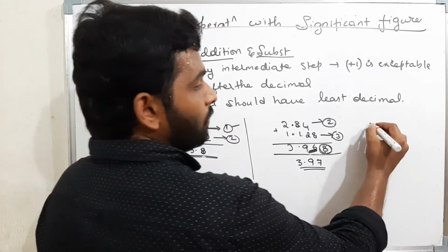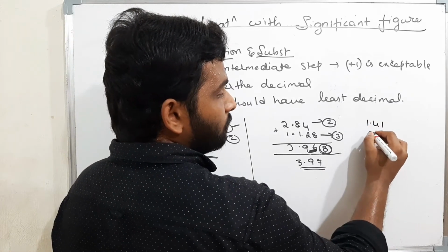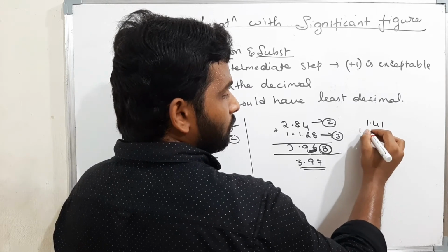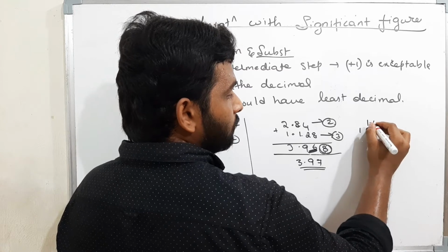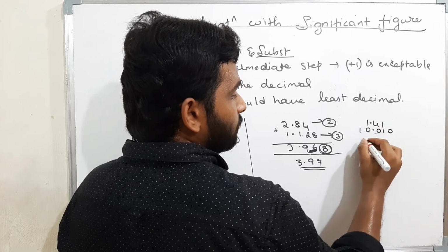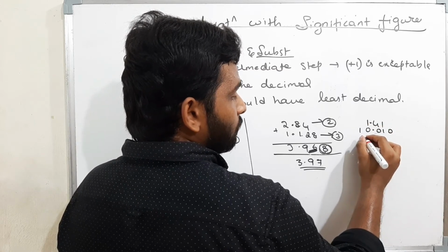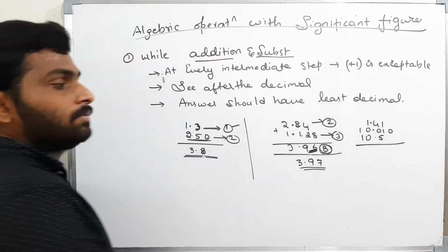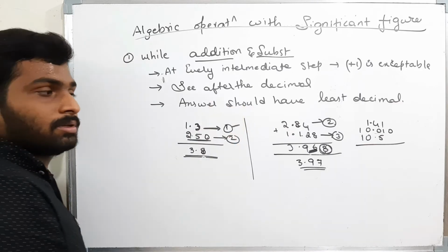Now see here: 1.41, 0.10, and 10.5. What is the answer for this? I am adding all three terms.